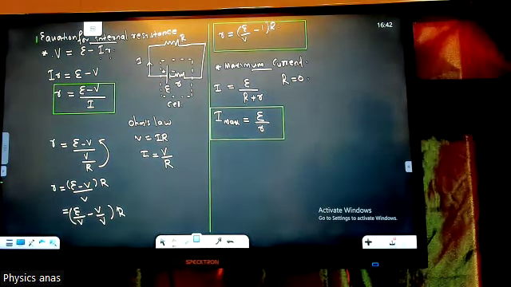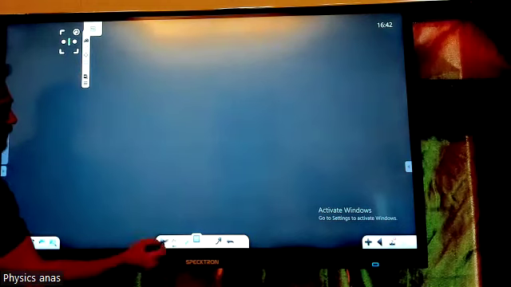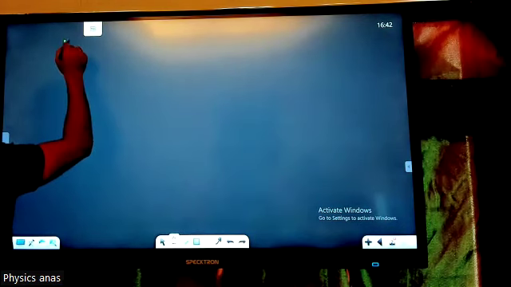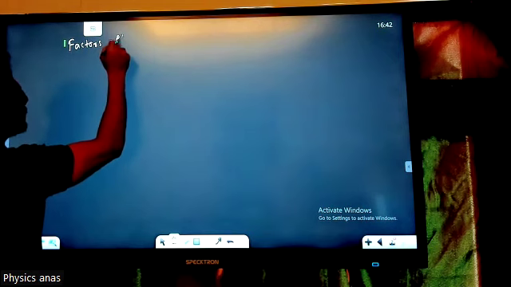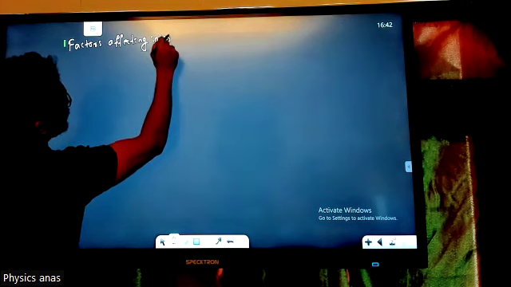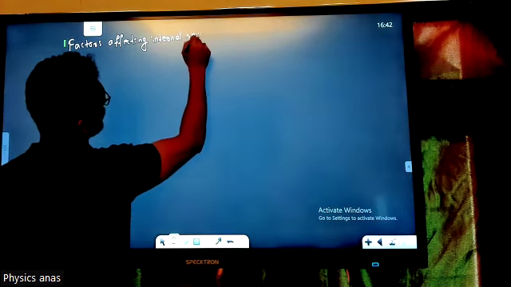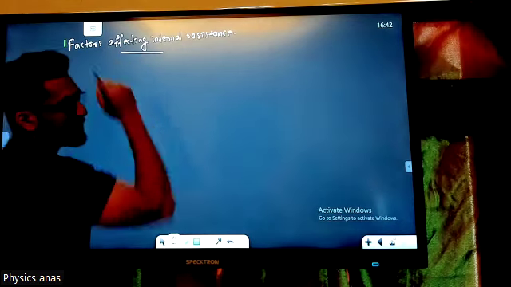What are the factors affecting internal resistance? I'm moving to the next page, and our topic is factors affecting internal resistance. We have discussed those factors, right?